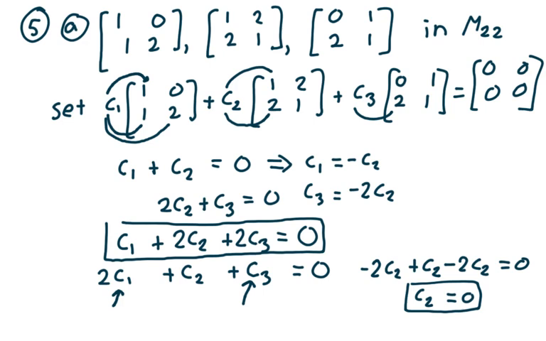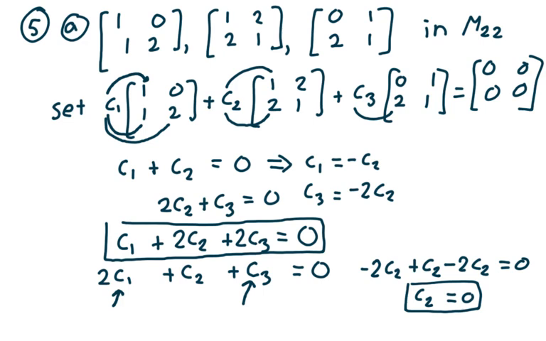So I'm going to take C1 times the matrix [1, 0; 1, 2] plus C2 times the matrix [1, 2; 2, 1] plus C3 times the matrix [0, 1; 2, 1] and set it equal to the zero matrix. So when I unwind this and set up my system, I get the following.